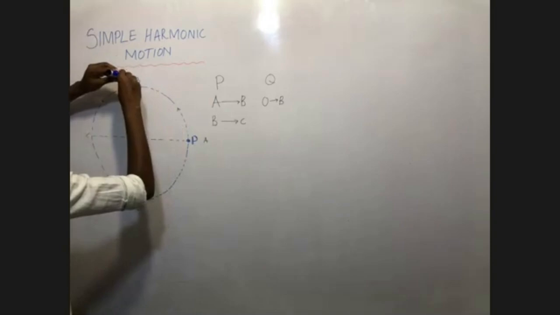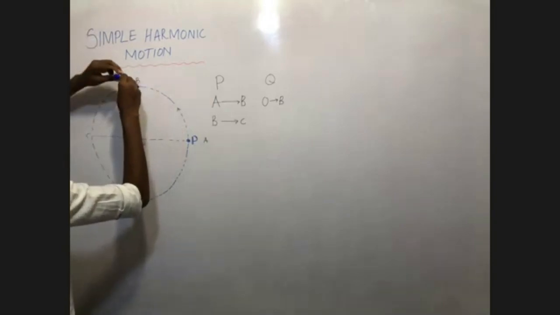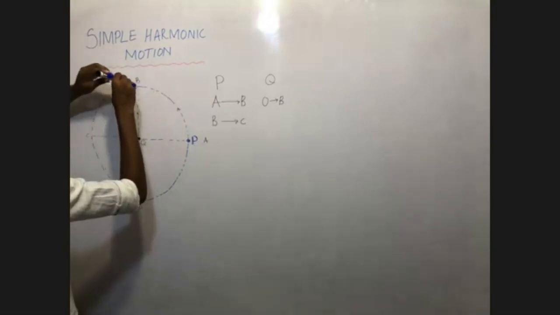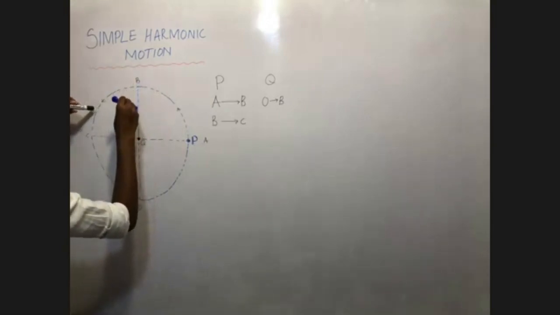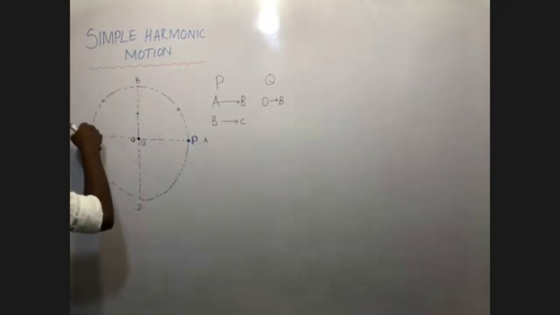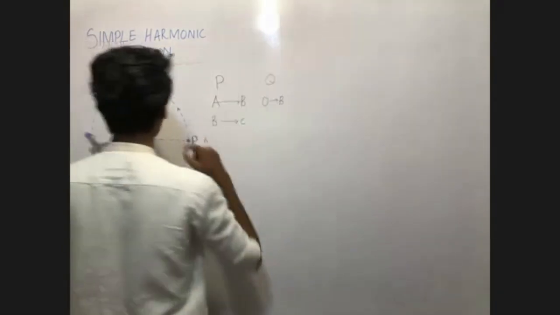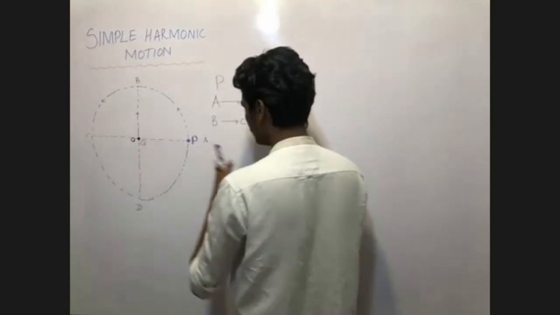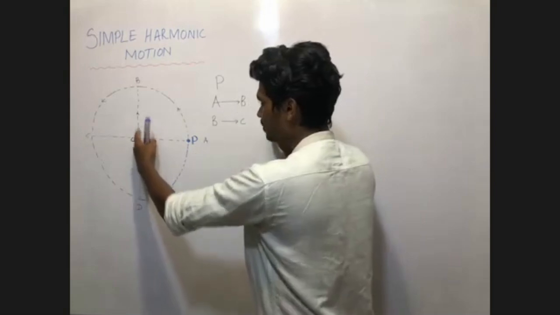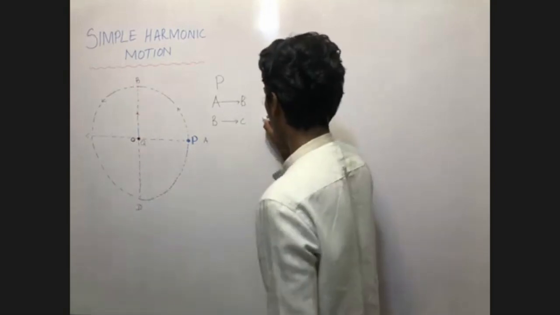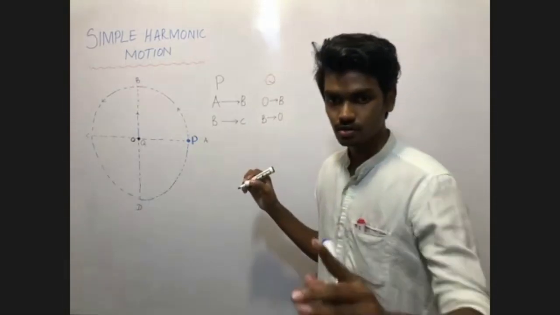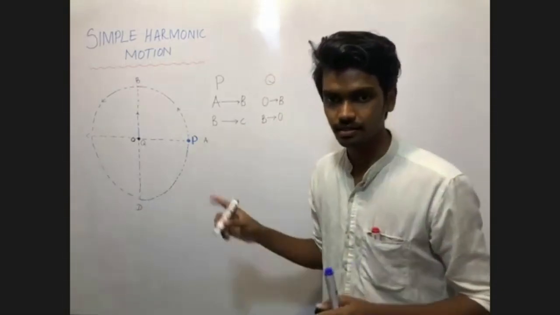Now, this is P. P moves from B to C. What happens to the projection? So when P moves from B to C, Q, the projection of P, moves from B to O. If any one of you guys have any issues, let me know. I'll repeat once again.